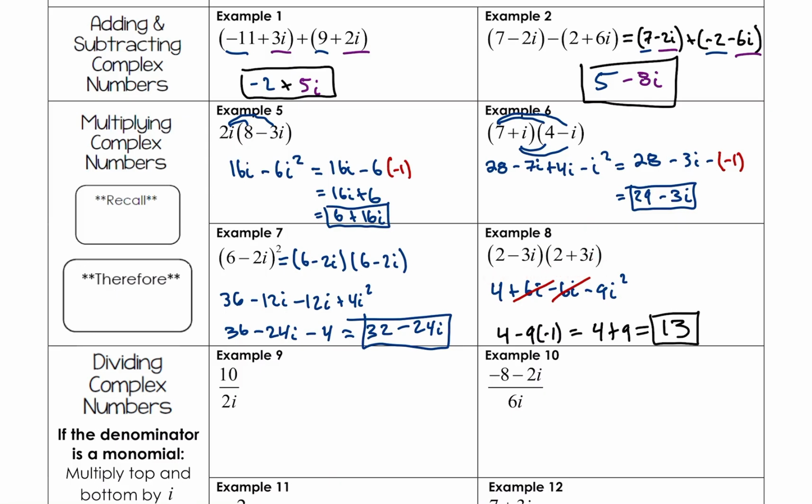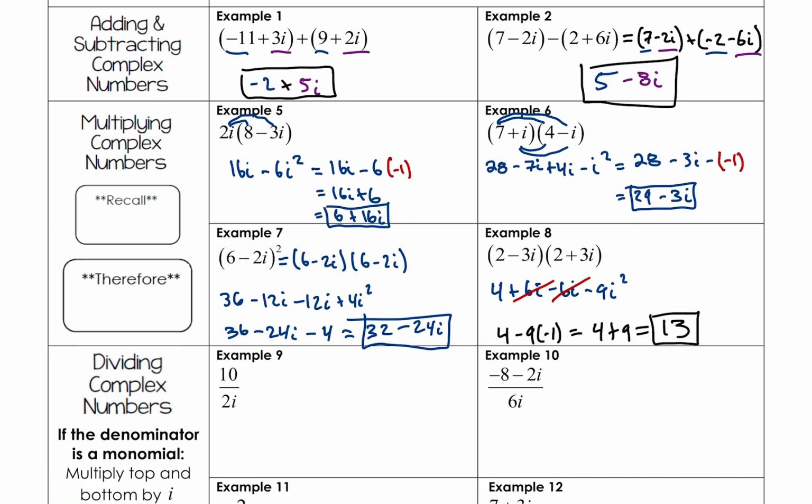What the conjugate means is it's the exact same thing, but it just flips the operation. So it was a subtract, now it's a plus. The reason we want conjugates is because it's going to help us in division when we're dividing these.